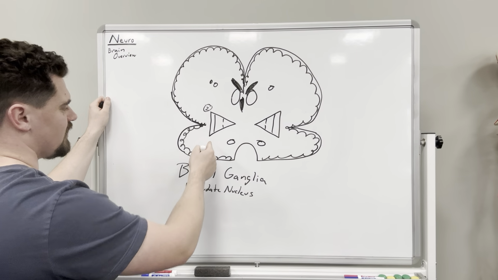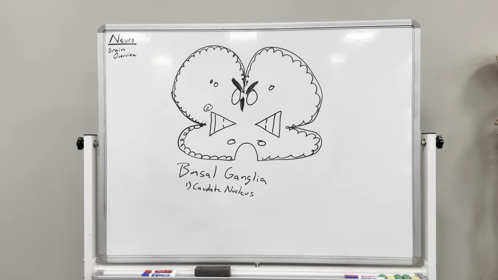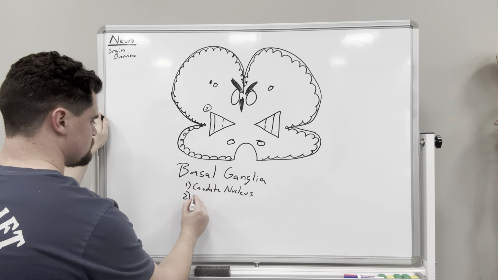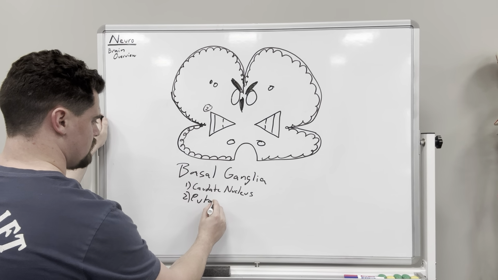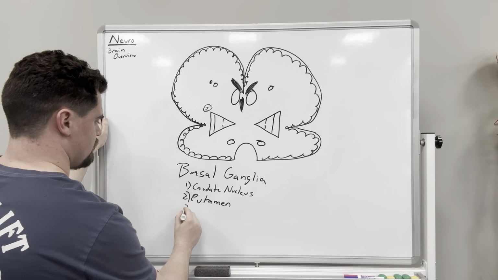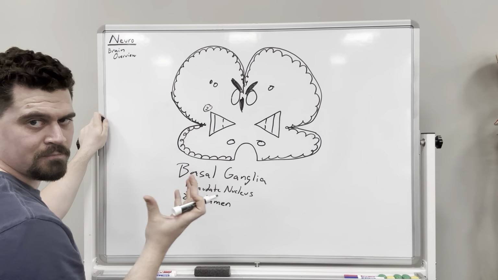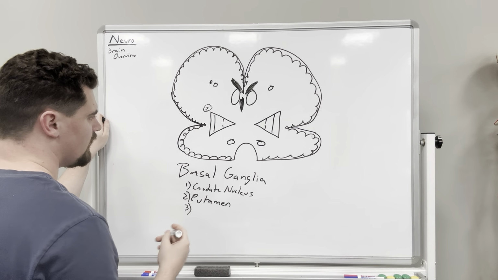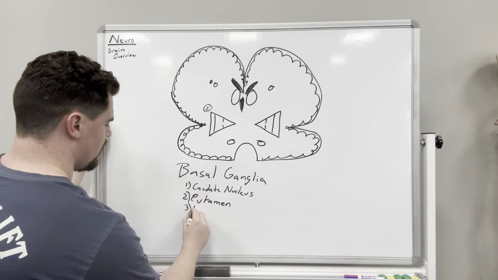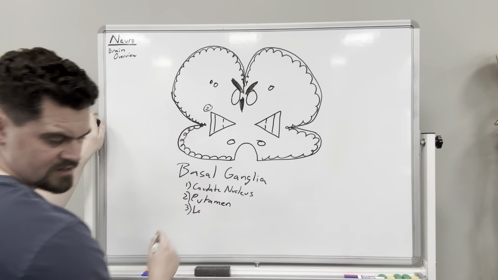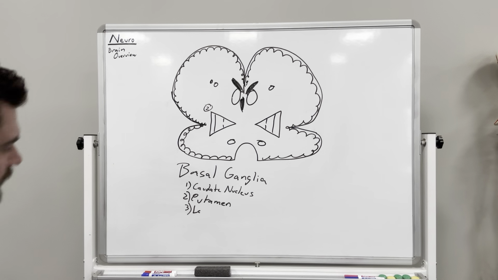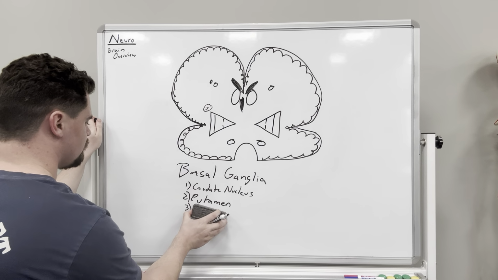The crust of the pizza is going to be your putamen. And then the actual part of the pizza that has the sauce, that is going to be called your lentiform nucleus. That doesn't sound right. That's the globus pallidus.